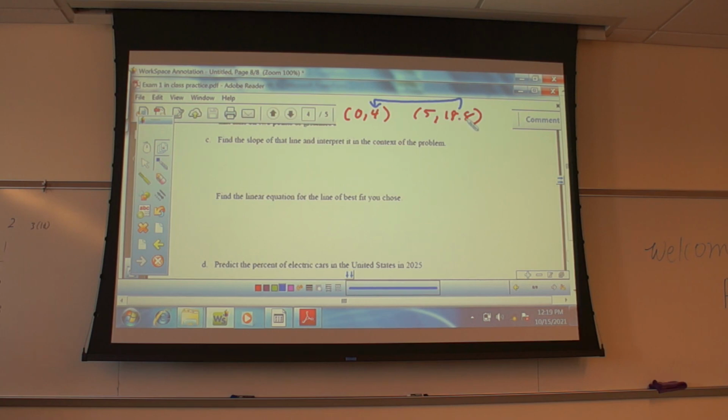That's the part that's on top, and then for the next one over, I'm going to go from the bottom and subtract the front. So m equals (18.8 minus 4.0) over (5 minus 0). So I end up with 14.8 over 5.